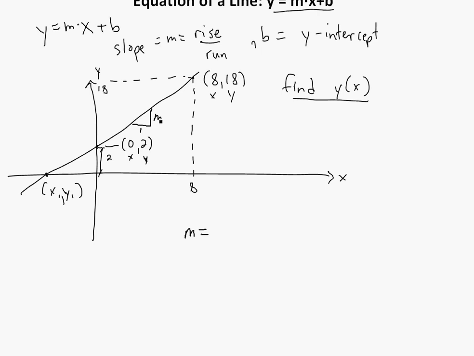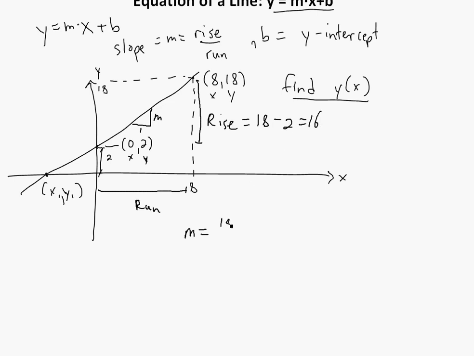So what we have to do is find the rise and the run from here to here. This could be the run, and this could be the rise. The rise is going to be 18 minus 2, which equals 16.